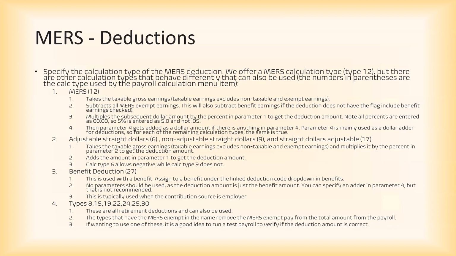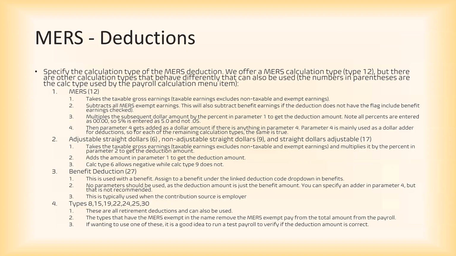So you can also use adjustable straight dollars, which is 6, non-adjustable straight dollars, which is 9, and straight dollars adjustable, which is 17. That one takes the gross earnings, which is again taxable earnings minus non-taxable exempt earnings, and multiplies it by the percent in param 2 to get the deduction amount. Note that there is no MERS exempt here, so just be aware that it'll include MERS exempt earnings.